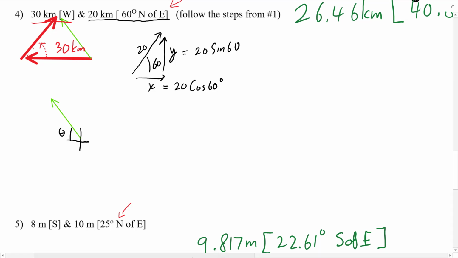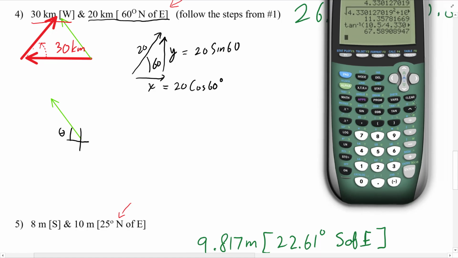Change back to red. Pull up the calculator, and we'll go 20 sine 60 and 20 cosine 60. And the sine one is 17.32, and the cosine one is exactly 10.